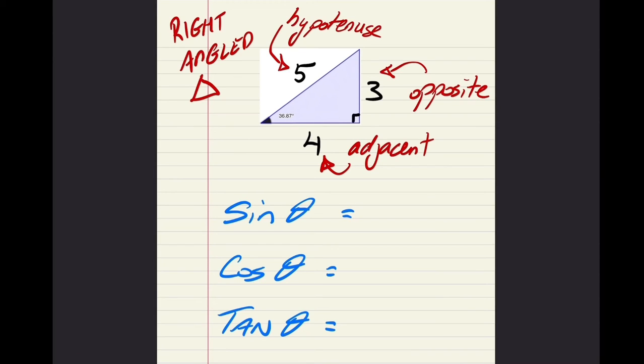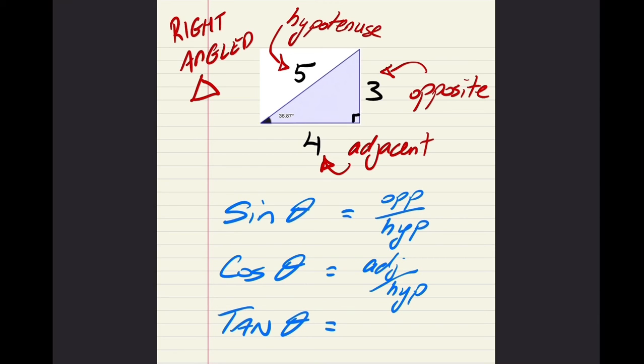So the next thing I'm going to show is the relation that sine has and what side sine connects to. So sine is the opposite divided by the hypotenuse. So that's our ratio. Sine is opposite over hypotenuse. Cos is going to be the adjacent over the hypotenuse.